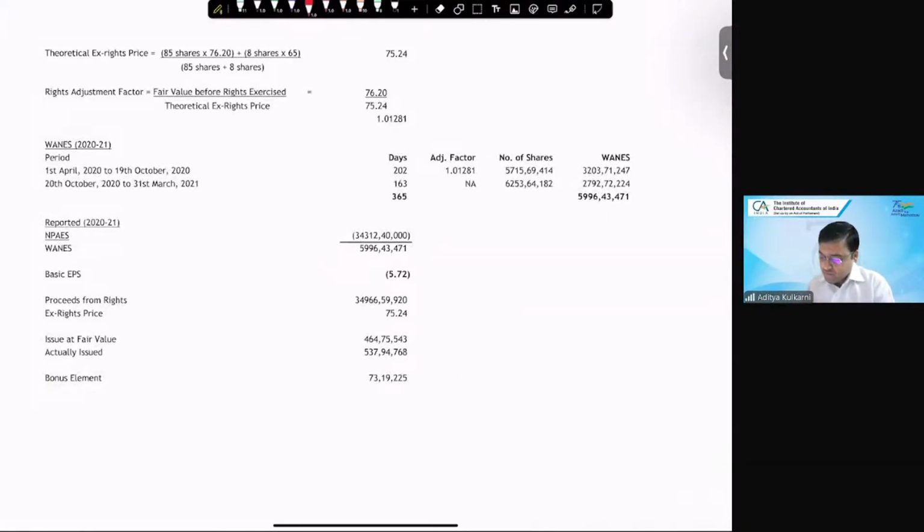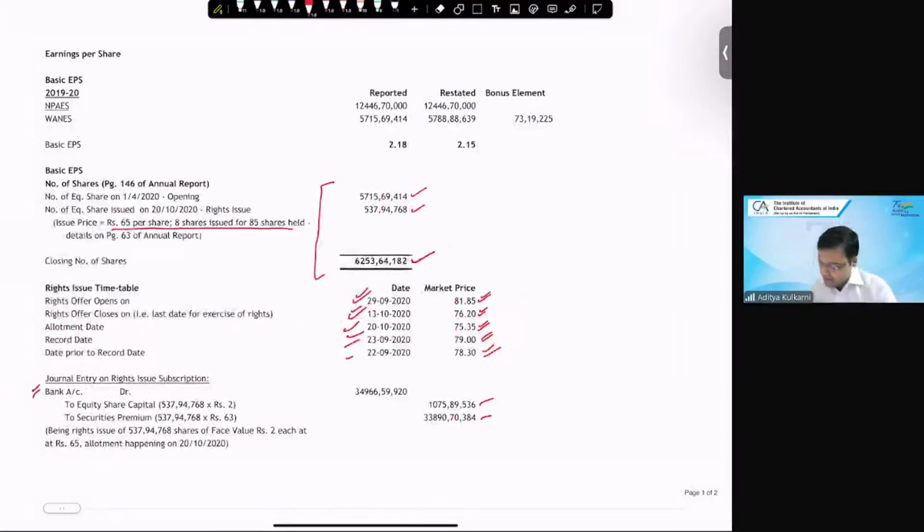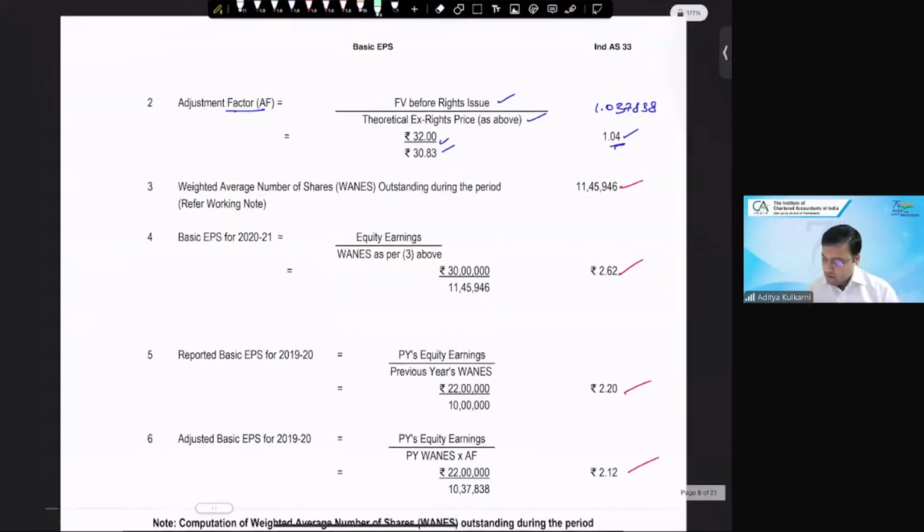Now, how am I going to determine the X rights price? The price immediately before the rights issue. That means this is your fair value immediately before the rights. That is the word which is used in the standard. Are you able to see?